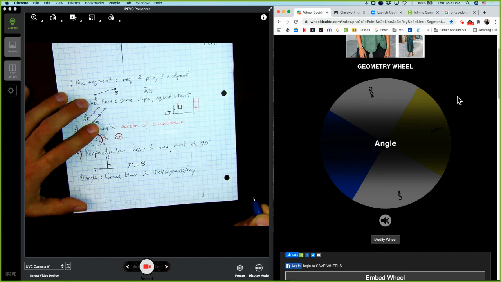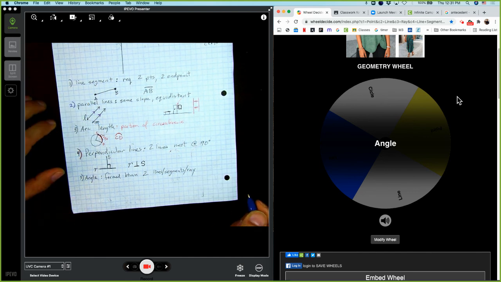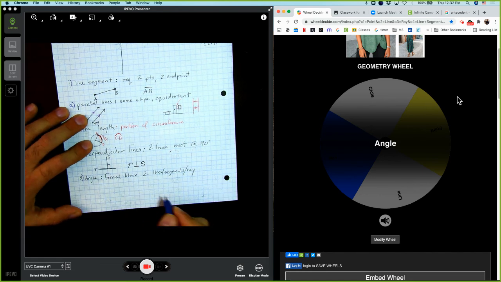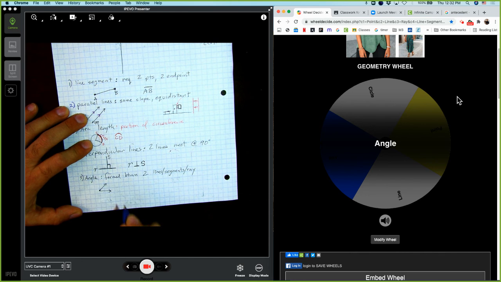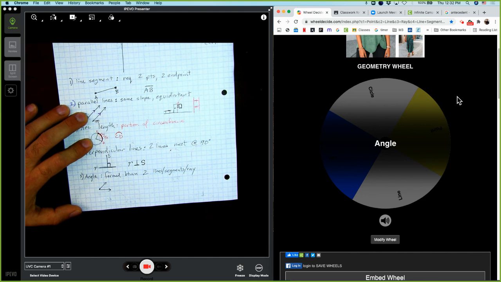It could be any type of boundary, lines, segments, or rays, right? I'll give you an example. So here's 2 rays. We're going to get to that word soon, right? 2 rays start at the same point, and this would be the angle.